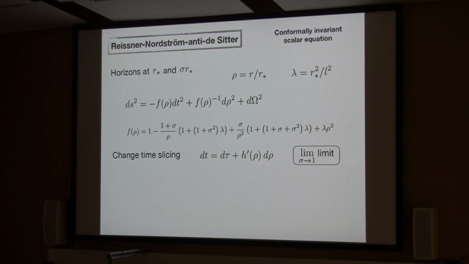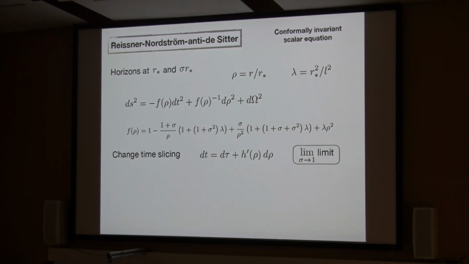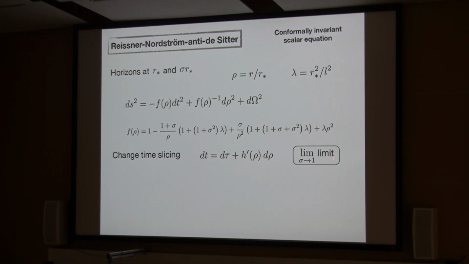And then the important thing is the choice of foliation. As I said, usually people were choosing null foliations, but here we would like to choose hyperboloidal ones. Then we have much more freedom in how to do it properly. We can do it in many different ways. We would like to do it in such a way that the equations that we get in this foliation behave well in this limit.